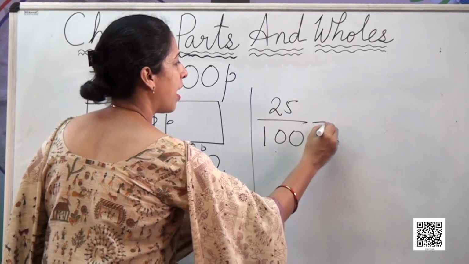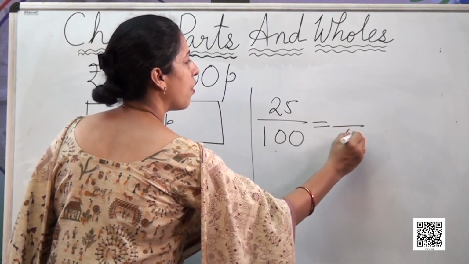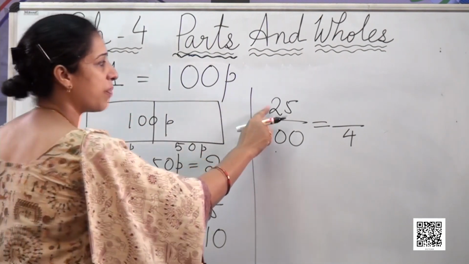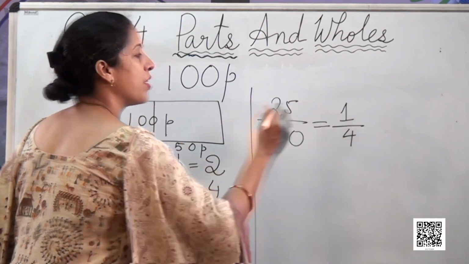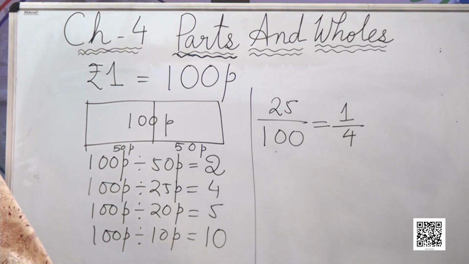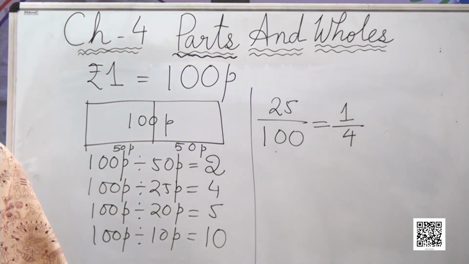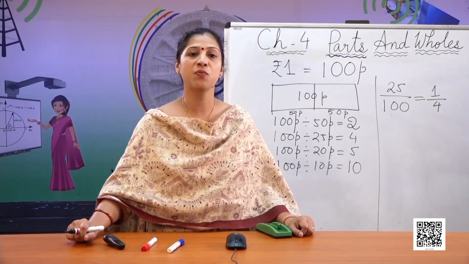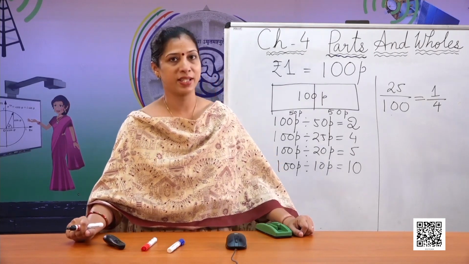So that means 100 paise is equal to 4 parts, 4 25 paise coins. And how many 25 paise coins out of it? Only 1. So 1 part out of 4 parts of 1 rupee. So 25 paise is 1 part out of 4 parts. That means 1/4 part of 1 rupee.